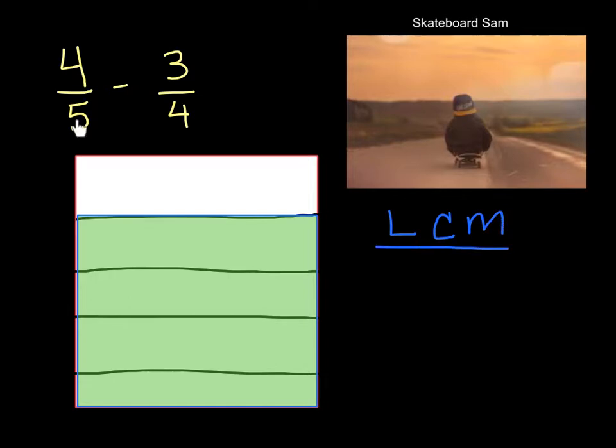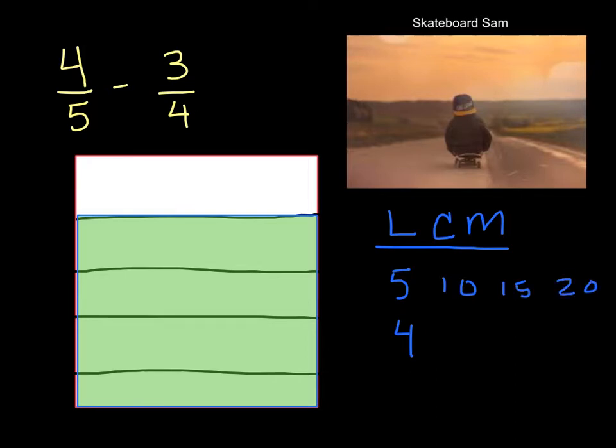So I'm going to take my 5 and my 4, and I put my 5 first because that's my first fraction. So 5 and then 4, and the 4 comes from this fraction, right? Then I'm going to count by 5s: 5, 10, 15, and 20.